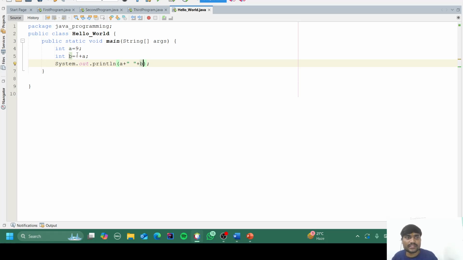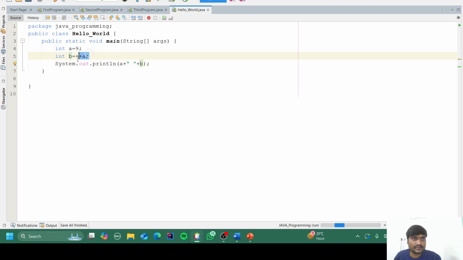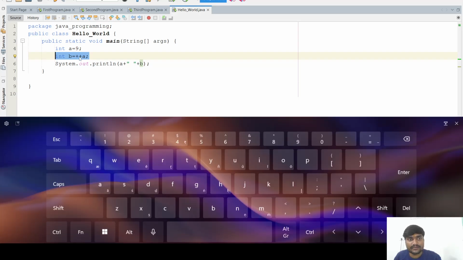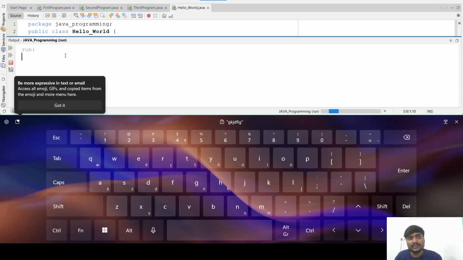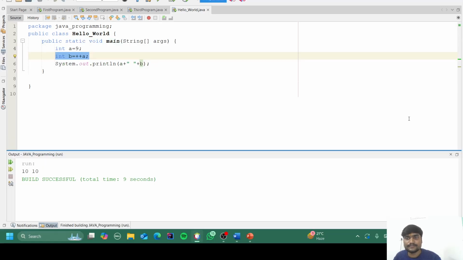If we want to print both a and b, then see what will happen. According to our understanding, this first increments the value of a by 1, and thereafter puts it inside b. So you can see the output here is 10 10. Why? Because first the value of a is incremented by 1, that is 9 plus 1 is 10, and then it is assigned to b, so both values are 10 10.